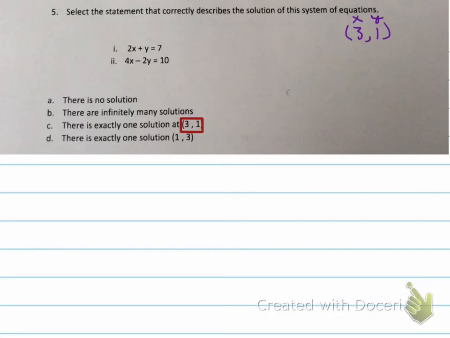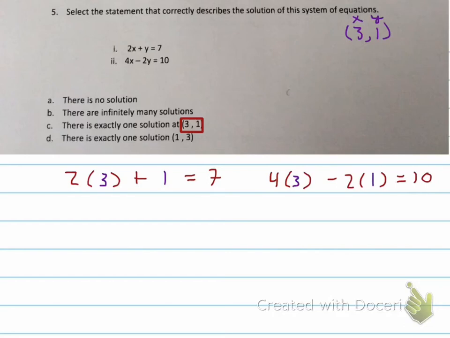So I could do 2 times x plus y equals 7, and 4 times x minus 2y equals 10. So I'm going to plug in these values here. So x was 3, we're just checking C, and y was 1.